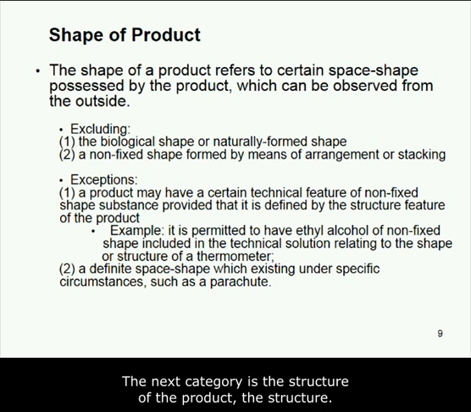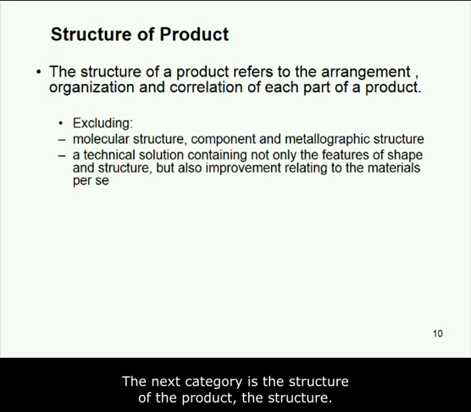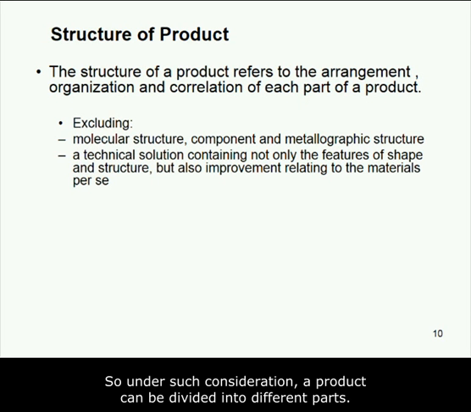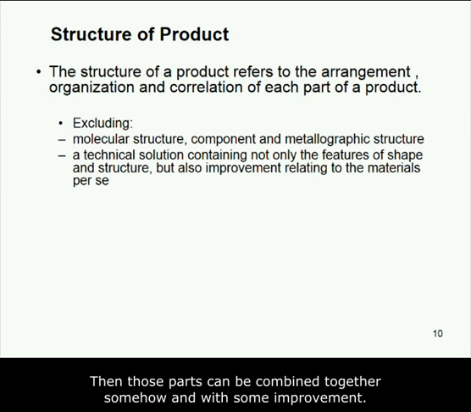The next category is the structure of the product. The structure of the product refers to the arrangement, organization, or correlation of each part of a product. Under such a situation, a product can be divided into different parts, and these parts can be combined together in some way with some improvement.